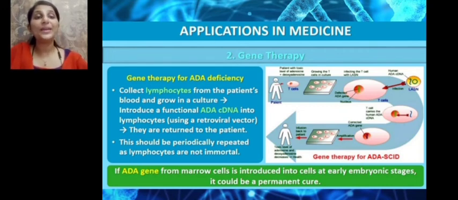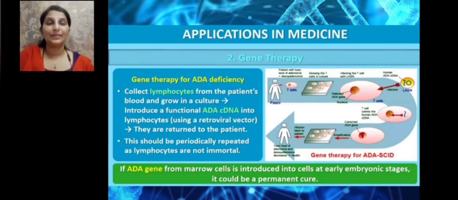This should be periodically repeated as lymphocytes are not immortal. They have a very short lifespan. In order to have a cure, the process has to be repeated periodically. That means the lymphocytes have to be removed from the patient, and again using a retrovirus, the gene has to be introduced into the lymphocytes.